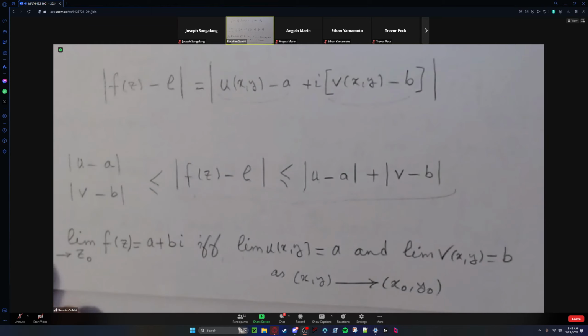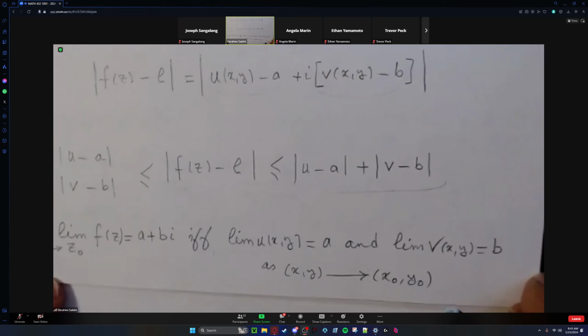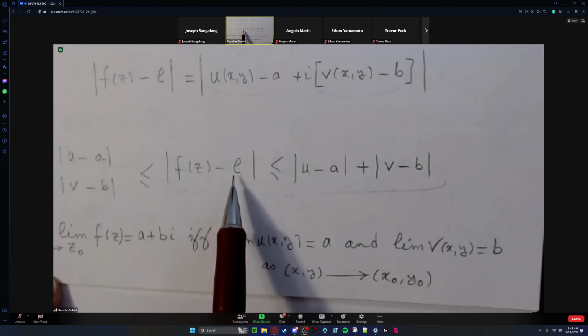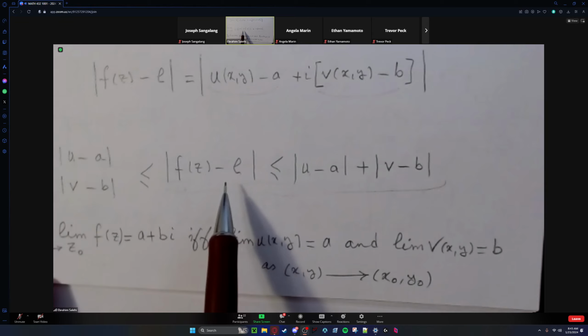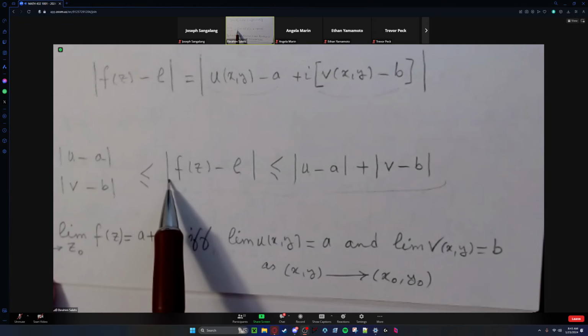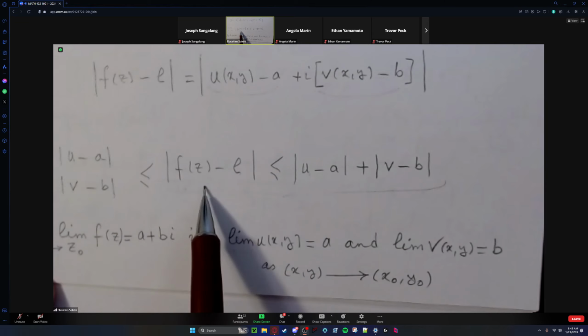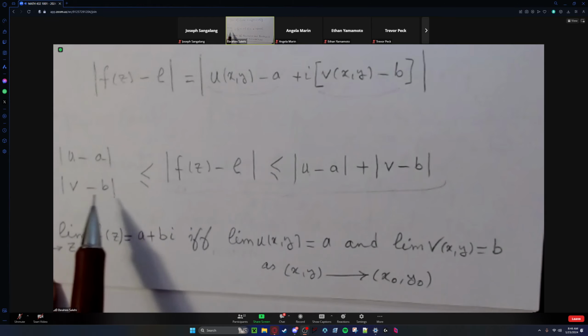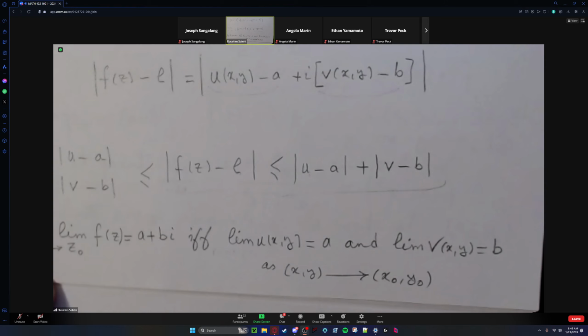Now, what happens if the limit here is L? The limit is L. That means when you take the limit of this one, you get 0 here. As a result, the limit of this guy and the limit of this guy will be 0. Okay?